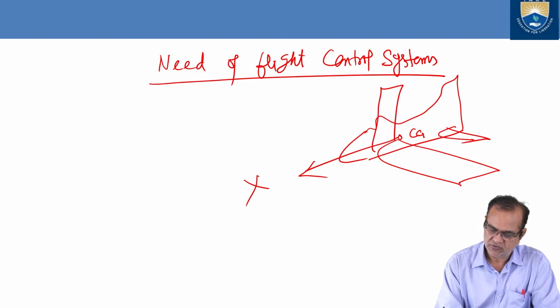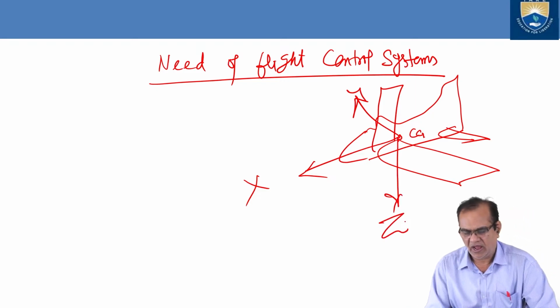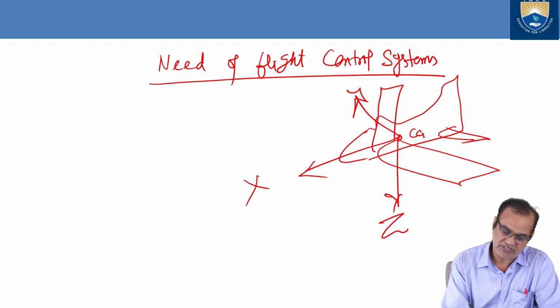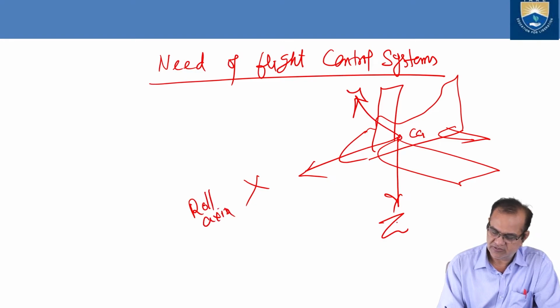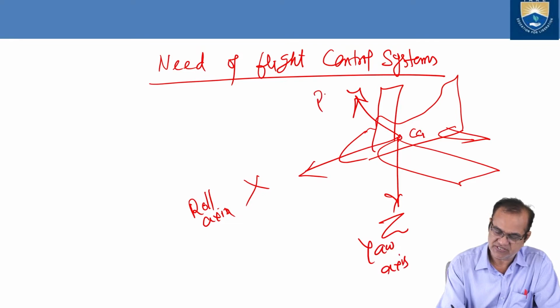Okay, so this is the y and this is the z. I have shown this before. This is the roll axis, this is the yaw axis, and this is the pitch axis.